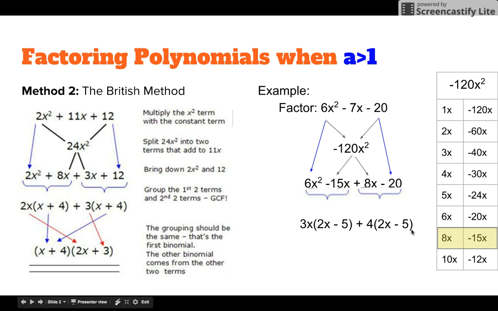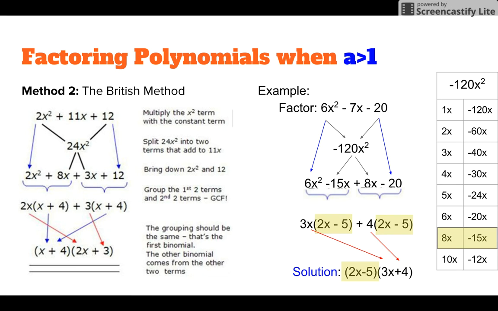Again, these two values are the same in our parentheses. Our binomial values are the same, so we know that'll be one of our binomials. We can see 2x minus 5 and 2x minus 5 end up being in the solution. Remember, our second binomial term comes from the GCFs, 3x and 4.